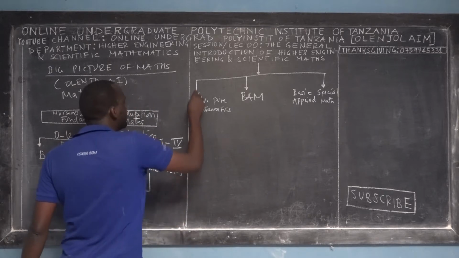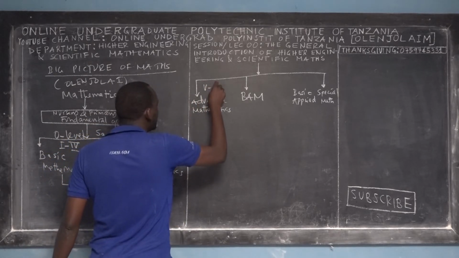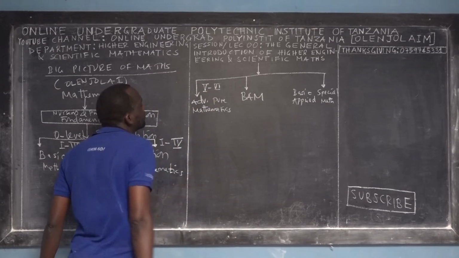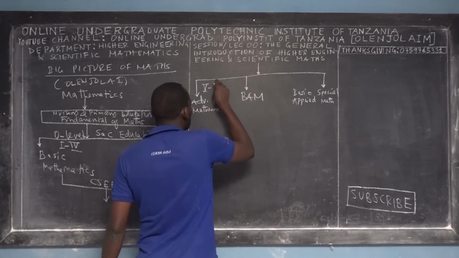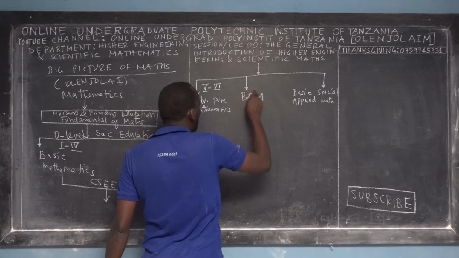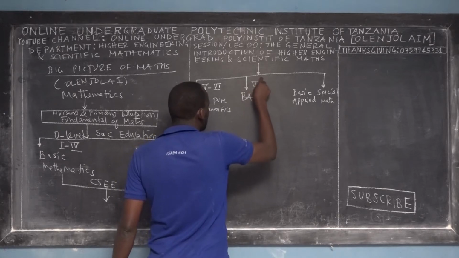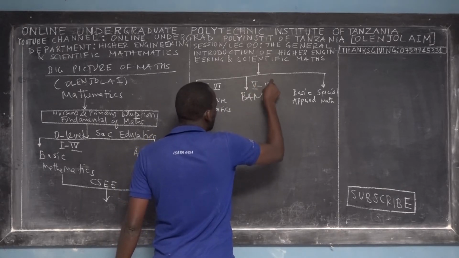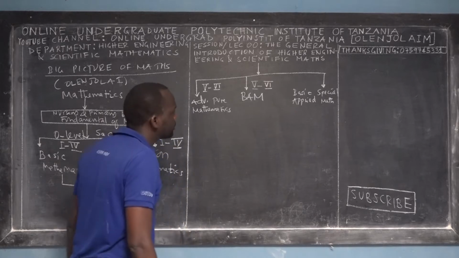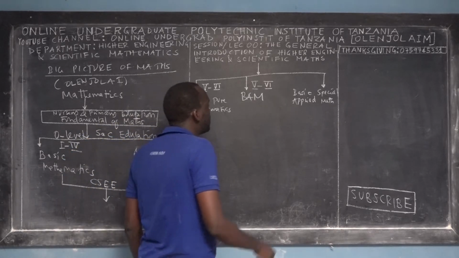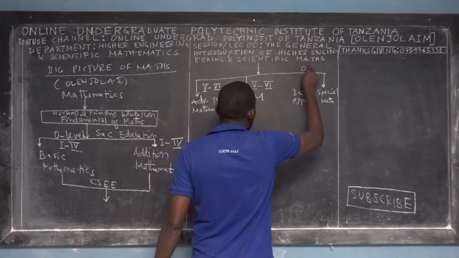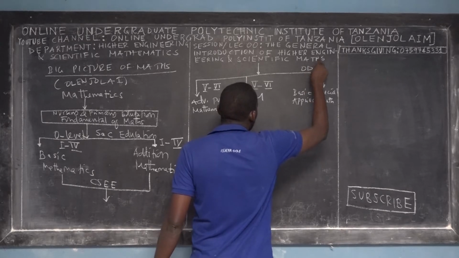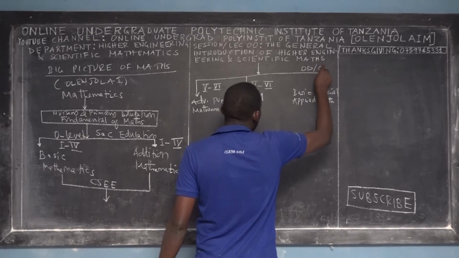Advanced mathematics is taught from Form 5 to Form 6, and we covered this during Form 5 to Form 6. But basic special applied mathematics is for the ordinary diploma, or even certificate.